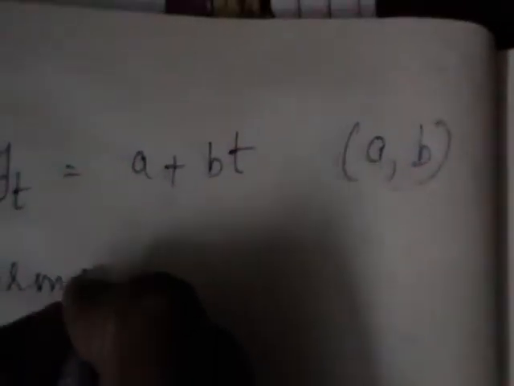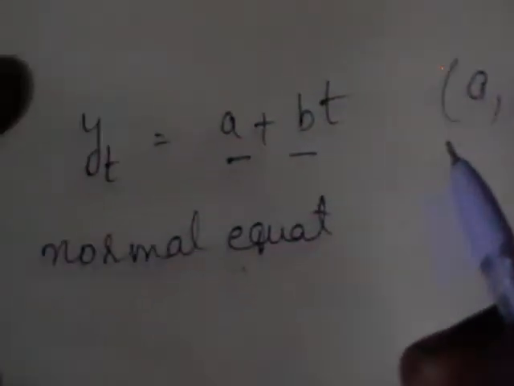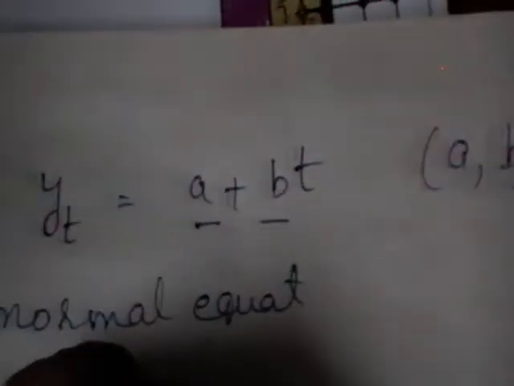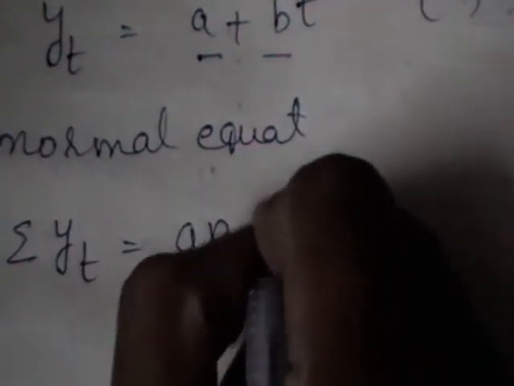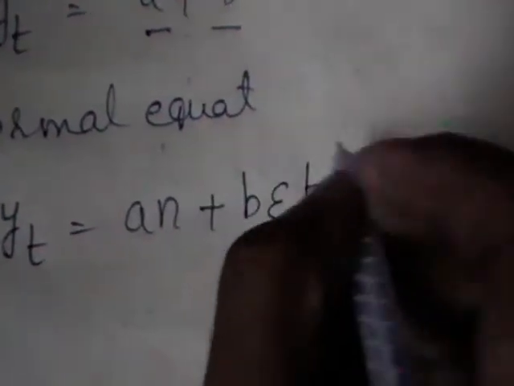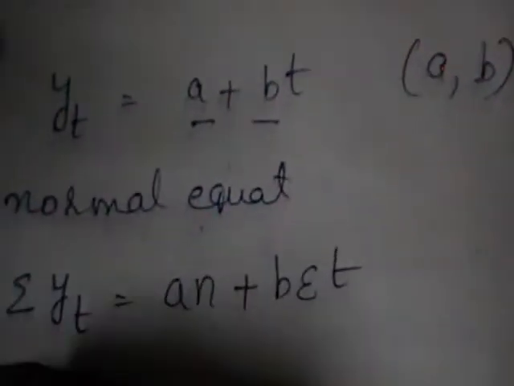You can write the normal equations directly. Y is equal to a plus bt is the curve to be fitted, where a and b are the constants. How many normal equations will you get? You will get two normal equations, one corresponding to a and one corresponding to b, where sigma yt is equal to an plus b sigma t. You should take sum with respect to 1 here, then you should multiply the coefficient of t on both sides.